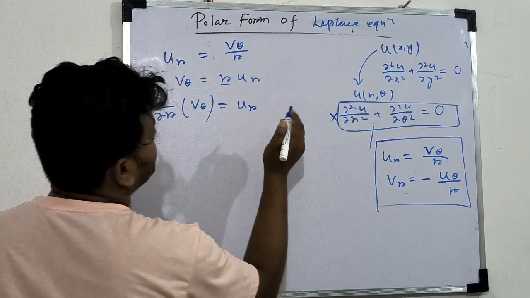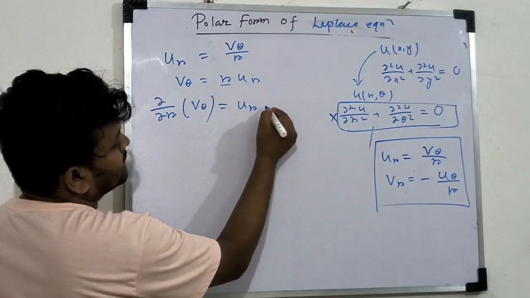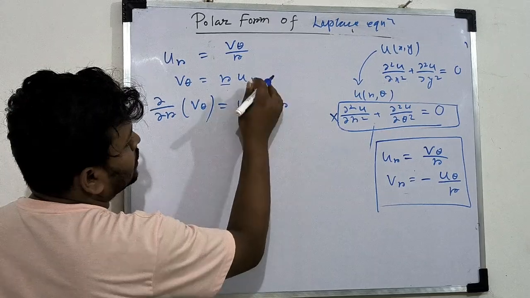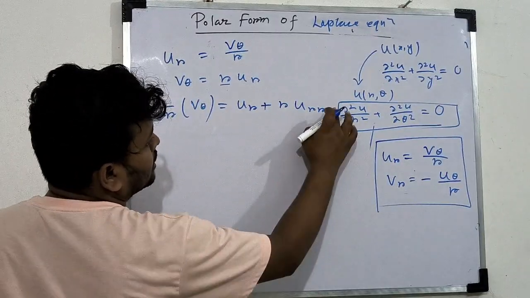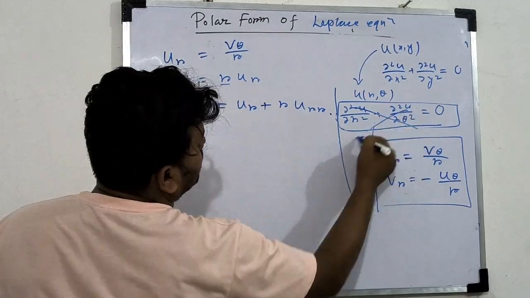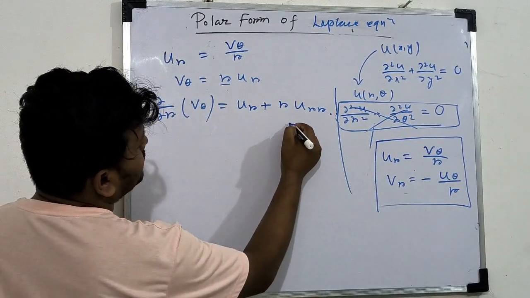So in this case, the derivative is u r as it is, plus r times the derivative of u r, so this becomes u r r, that is the double derivative. So this is the first equation.